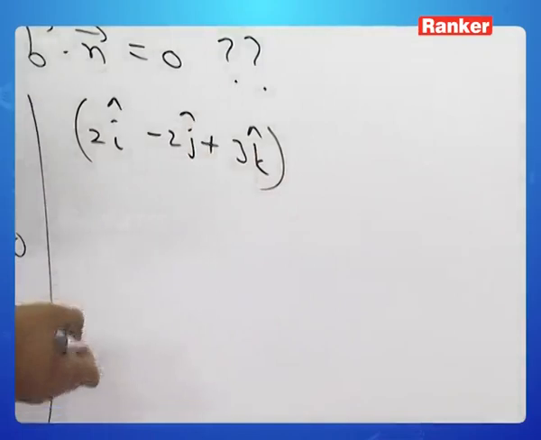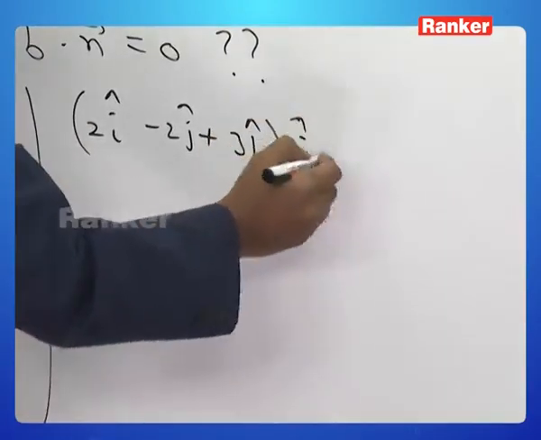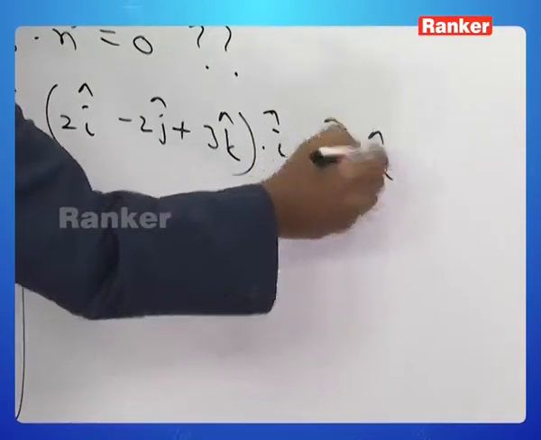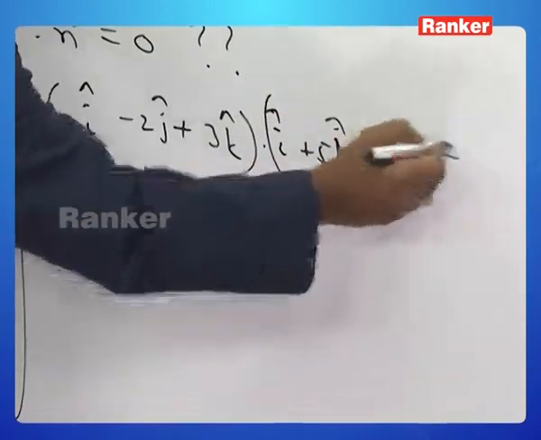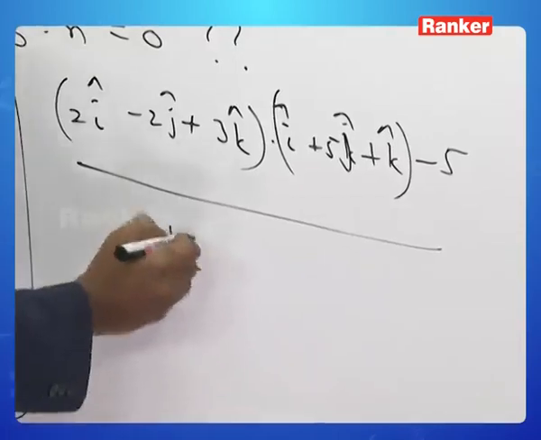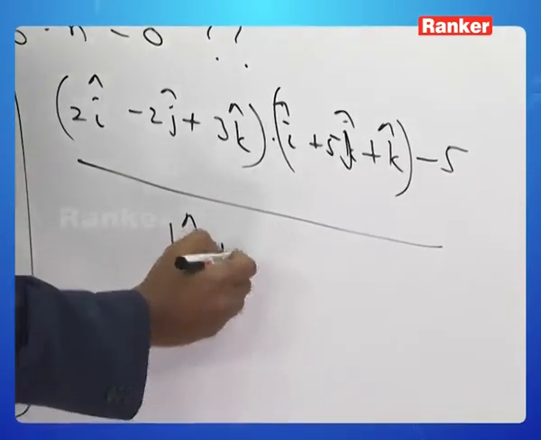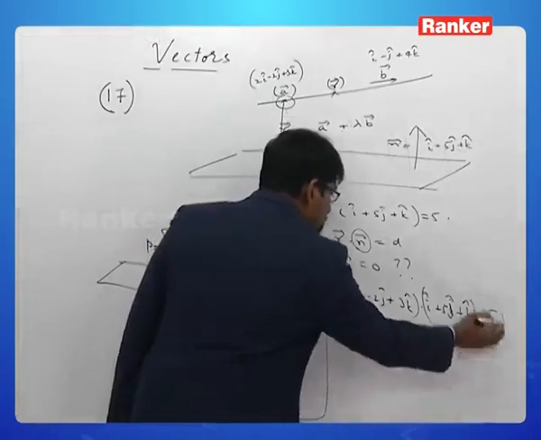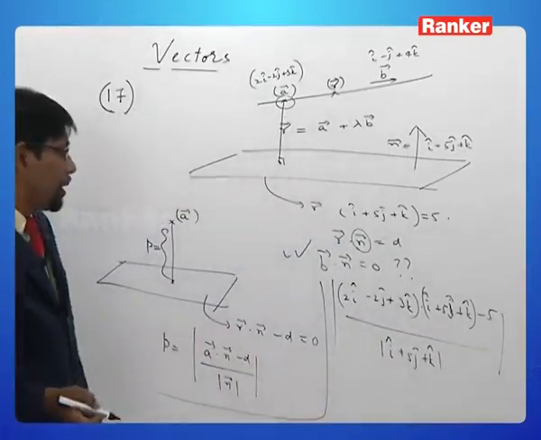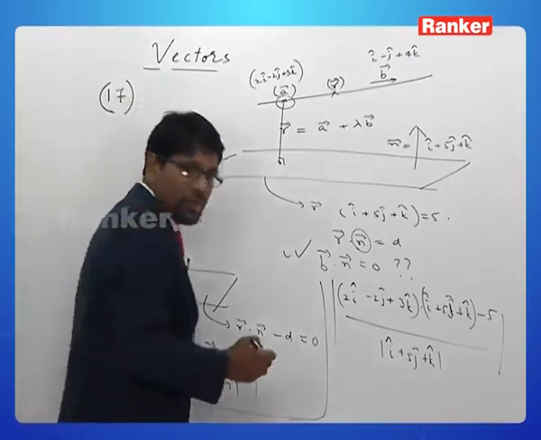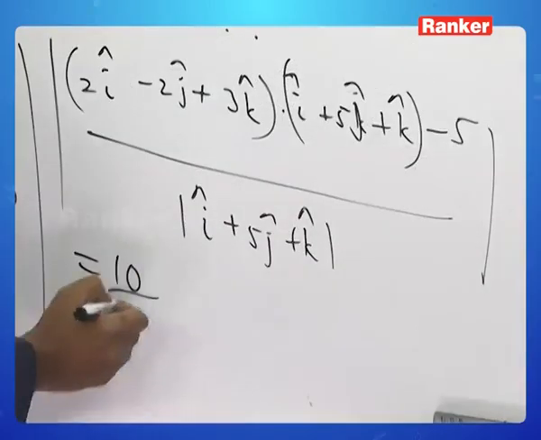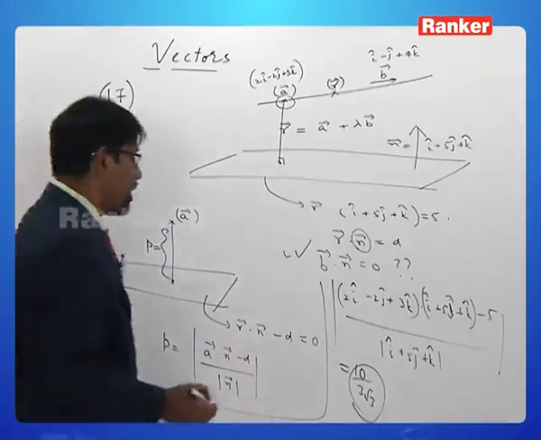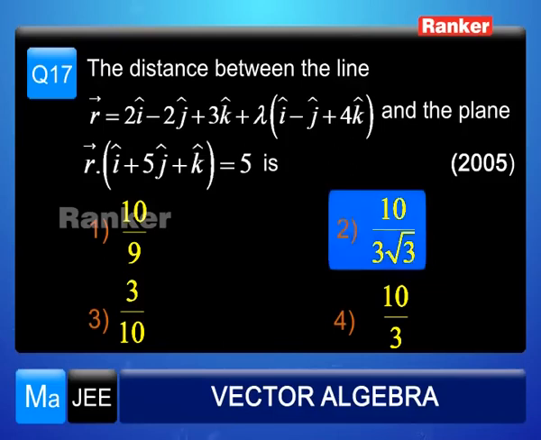What is that n bar? i plus 5j plus k, minus this 5, divided by magnitude of i plus 5j plus k. The whole thing under modulus. A simple calculation will show us that this comes out to be 10 by 3 root 3. Therefore, option 2 is the right answer.